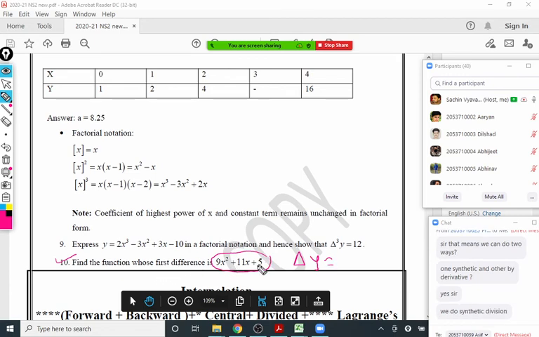So we are given delta y as 9x square plus 11x plus 5 and we want y. The question is to find the function y whose delta y is this one.